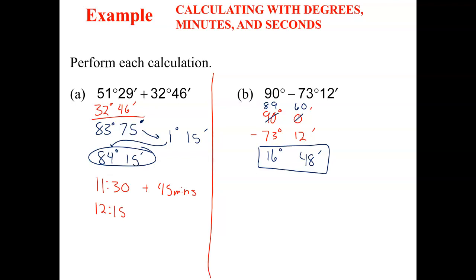But borrow, because I didn't have enough minutes in my first term to subtract the minutes in the second term. There's 60 minutes in 1 degree. So I took away one of the degrees and turned it into minutes. Alright?